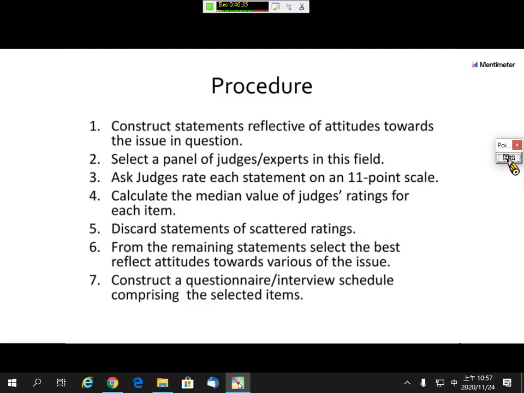In the field. So that is the problem. So don't judge by the name of the scale. When you try to create a Thurstone scale, most of the time you create more problems for yourself.